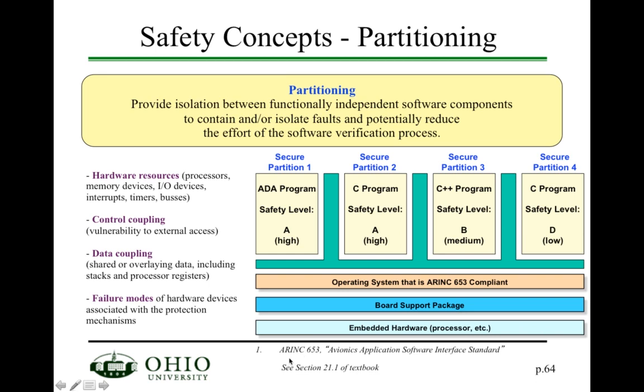So actually there is the standard ARINC 653 which talks exactly about this partitioning concept. And of course you can buy real-time operating systems now that are DO-178C ready and also ARINC 653 compliant. In other words, they support a partitioning strategy as shown on this slide.